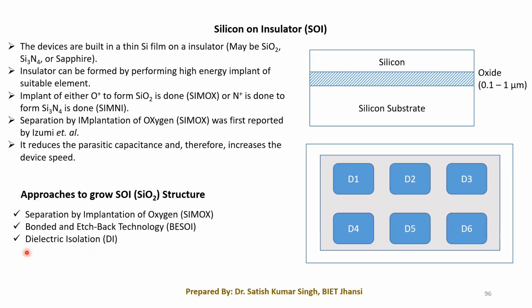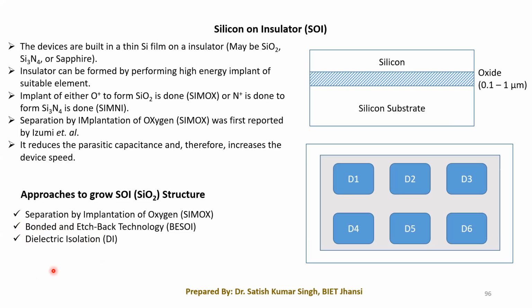These are the different ways to make the SOI structure. SIMOX is very popularly used, while dielectric isolation is not that popular.